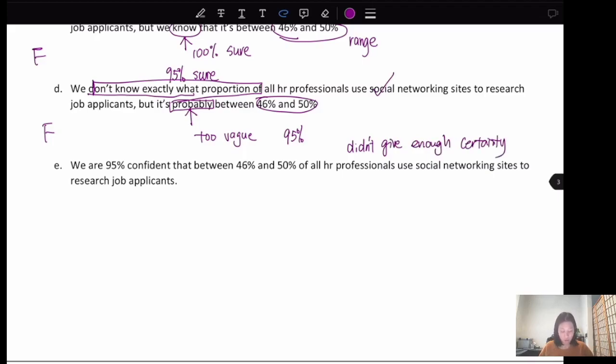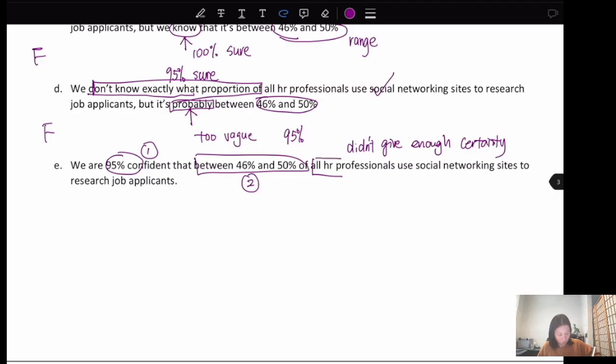Okay, E: we are 95% confident that between, check the first one, between 46% and 50%. This is the second condition, of all HR professionals using the social networking.